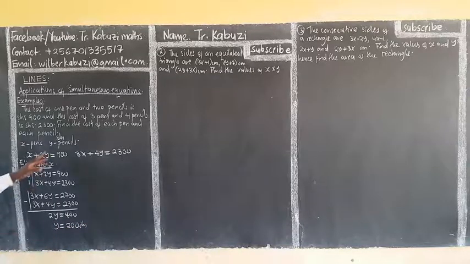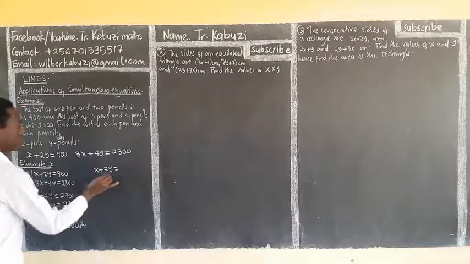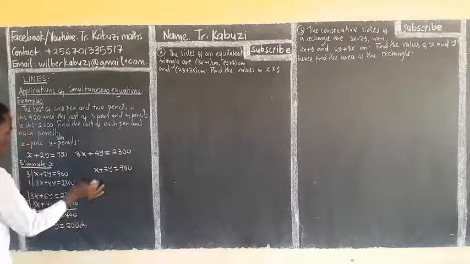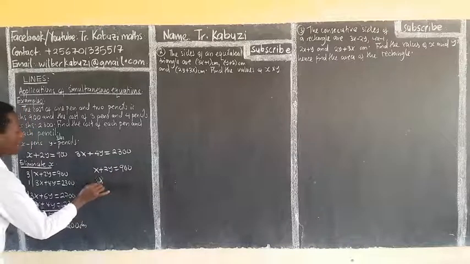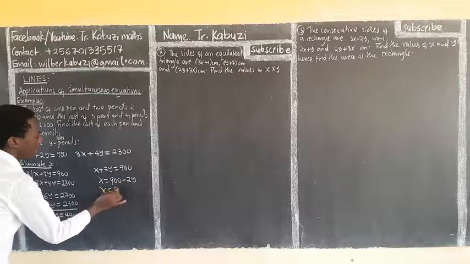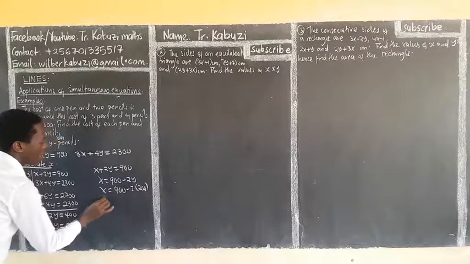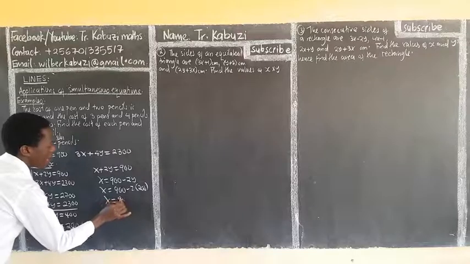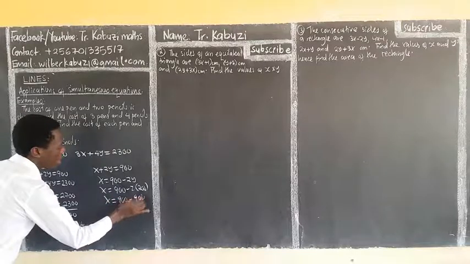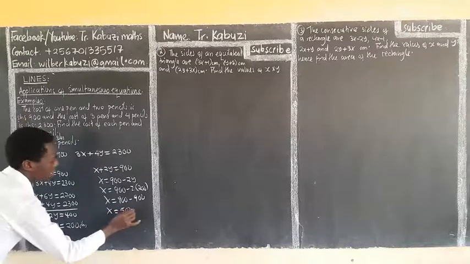Now the cost of each pencil is 200. What about x? Here you can substitute any way. From x plus 2y equaling 900, so that my x, I have my y. So my x will be 900 minus 2y. So x will be 900 minus 2 times my y, which is 200. And you see my x will be 900 minus 400, which will be 500 shillings.